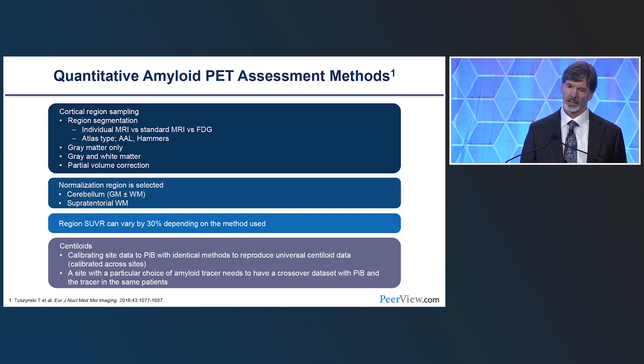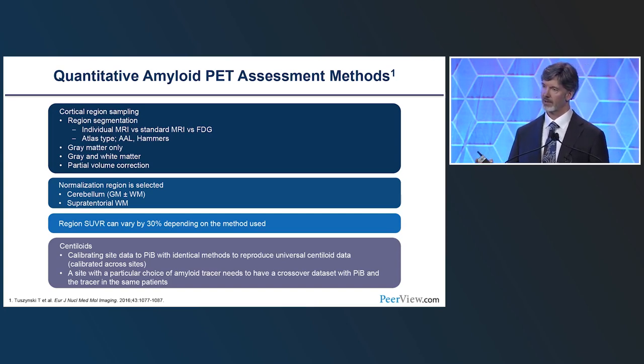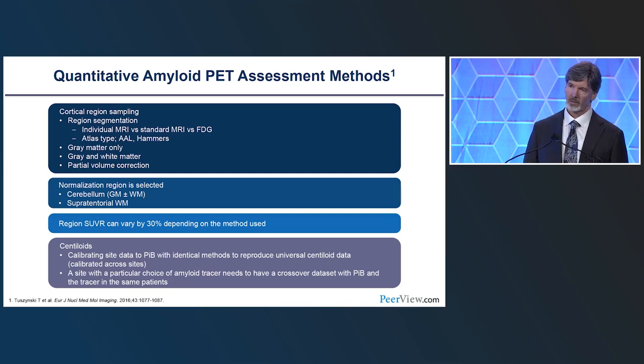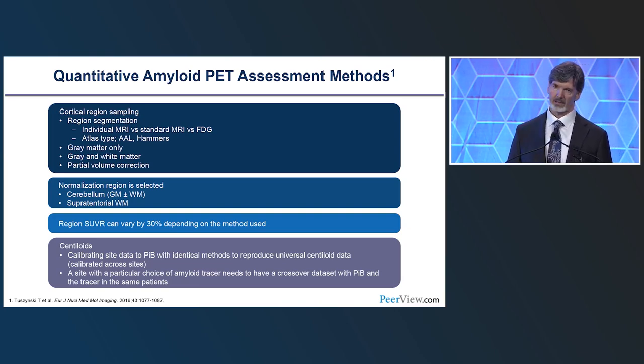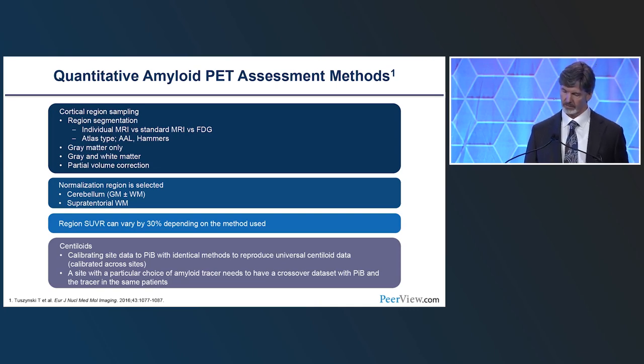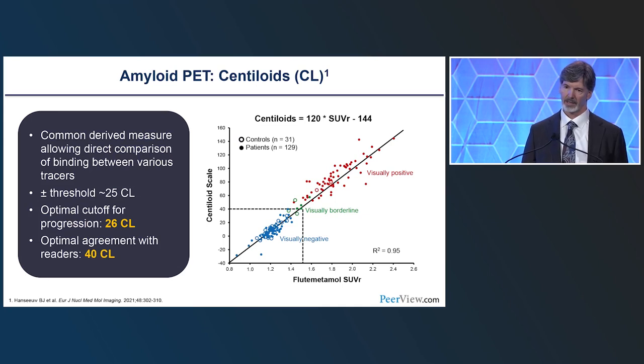We also use a term called centiloids, which is a way of trying to normalize the data seen in different institutions and get everybody on the same page, because the SUVRs, depending upon how you use your normalization, can vary by a lot. So centiloids is a way of trying to peg what you're doing at your institution to a standard scan, and typically this standard is PIB-PET, and so it allows you to compare between places and between different places that might do therapy.